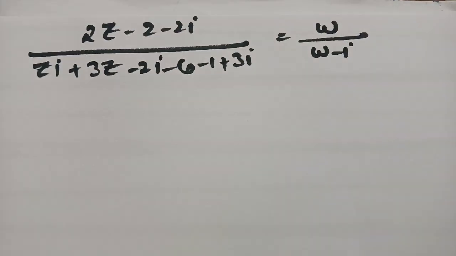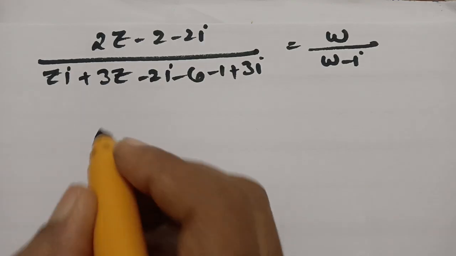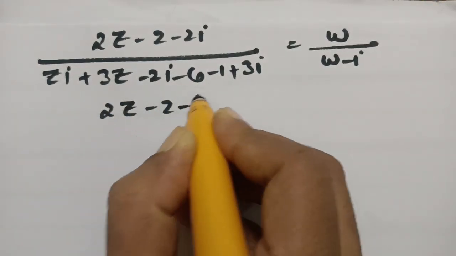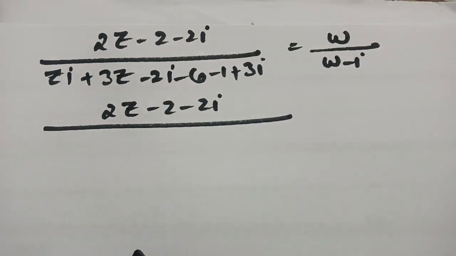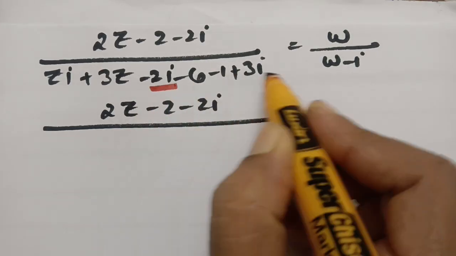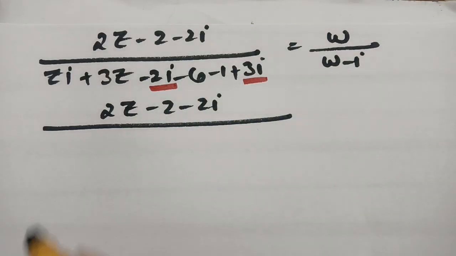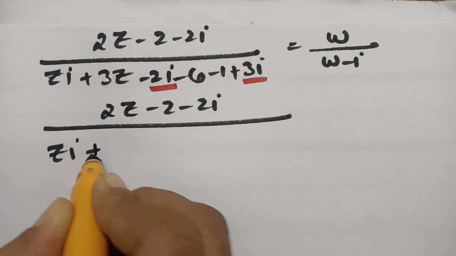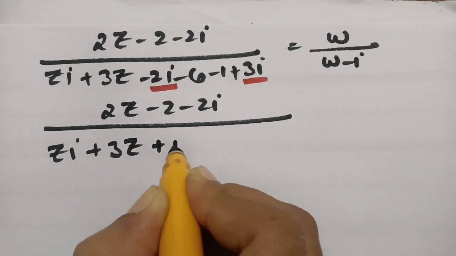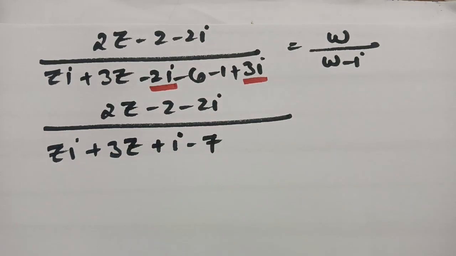And the next thing which I am going to solve is 2z minus 2 minus 2i divided by, see here there is zi, and clearly this is minus 2i plus 3i. See here, zi plus 3z plus i, and this value is minus 7.